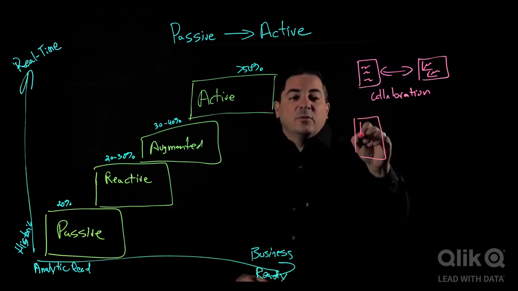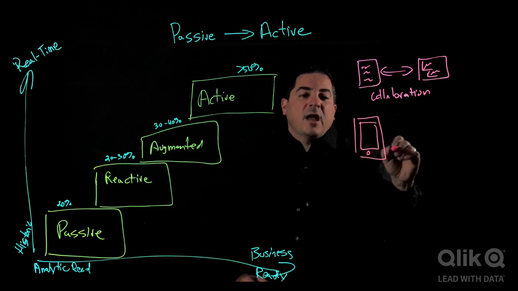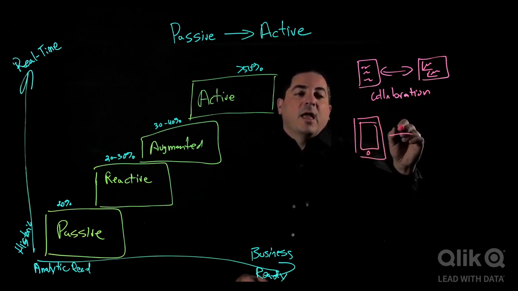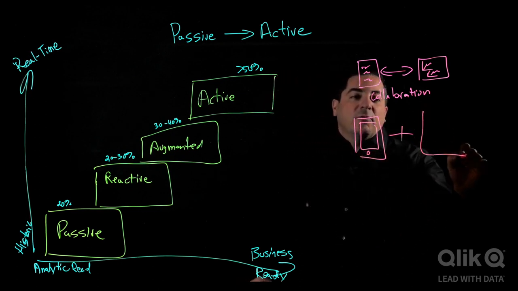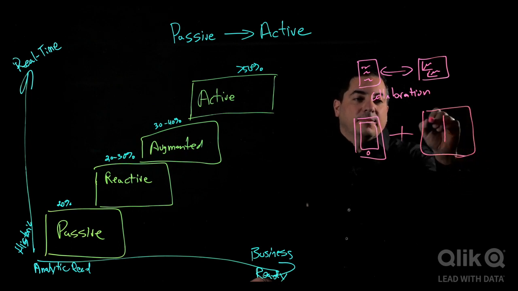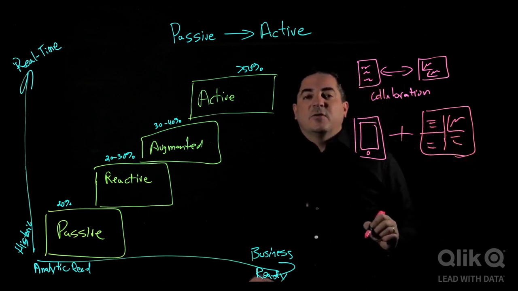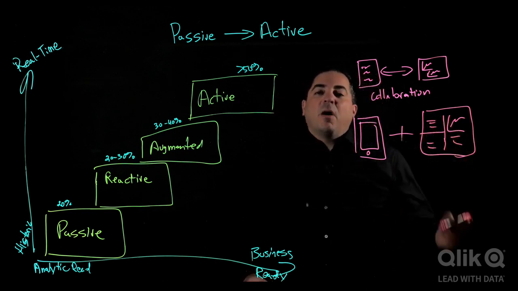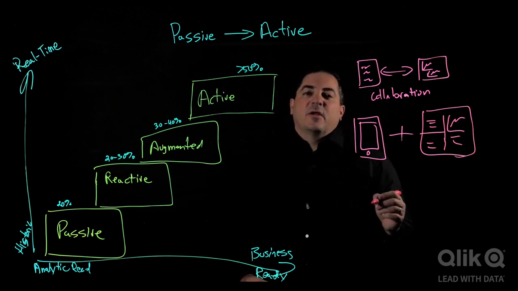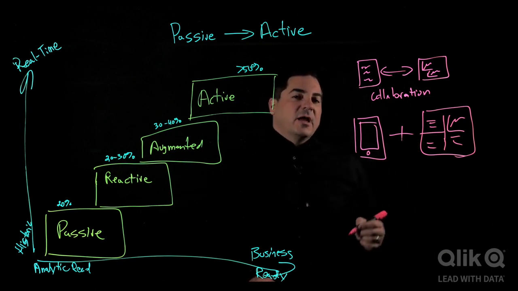While dashboards still remain important, going beyond the dashboard becomes really important, and you need to be mobile as well as embedded. By embedding directly into business processes, the analytics now becomes part of the business decision process and not something that's done separately at a different time.